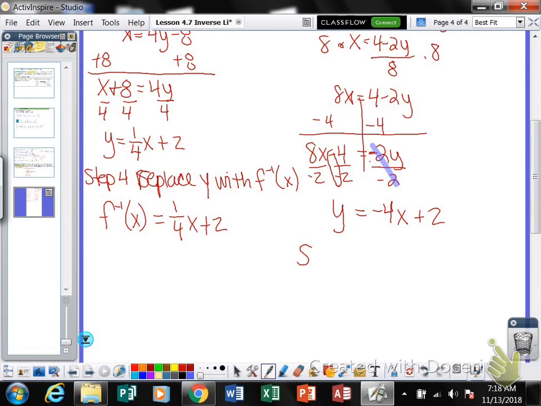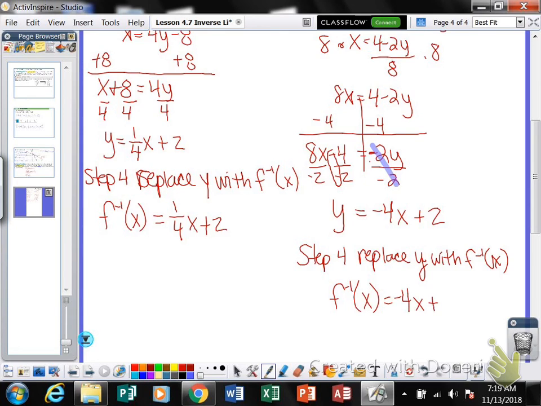And then the last step, 4, replace y with the inverse. So f^-1(x), the inverse of x, is equal to negative 4x plus 2. So if you can follow those 4 steps, this shouldn't be a problem.